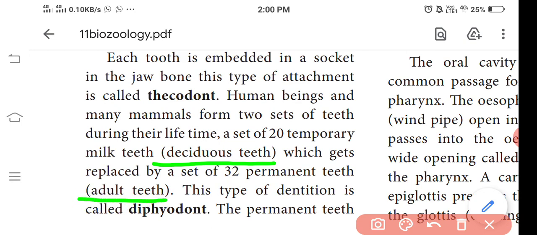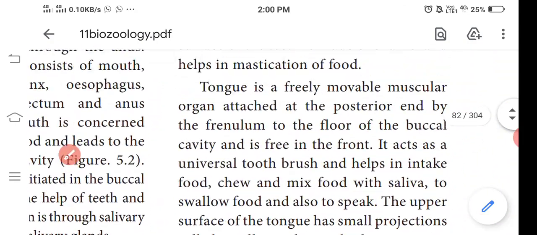This type of dentition is called diphyodont. So when you are describing teeth, you should describe thecodont and diphyodont. Then we'll continue with the permanent teeth.